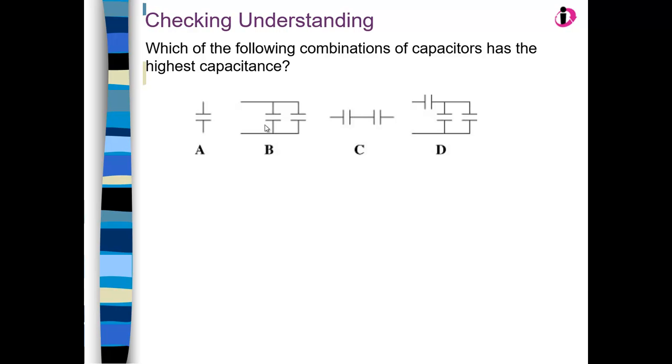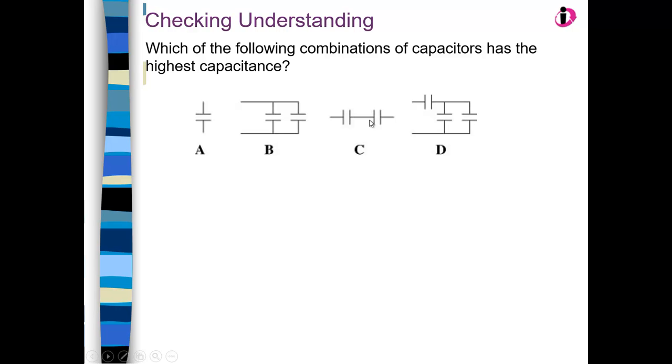If you had two capacitors in parallel, you would add them up, and if you have two capacitors in series, then you take the inverse of the capacitance.